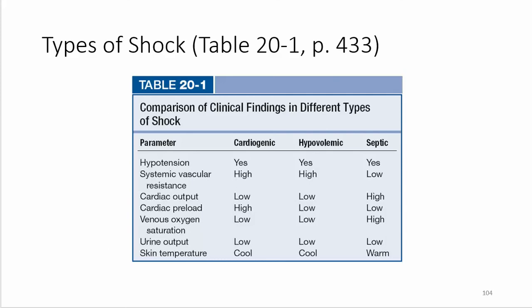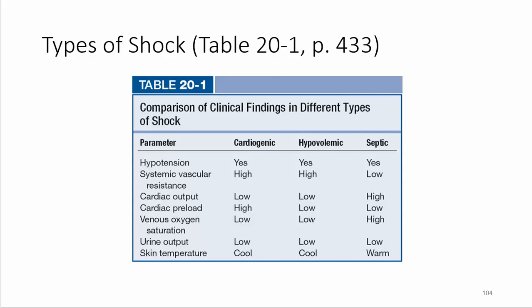And because it's low resistance, septic has high cardiac output and preload, etc. So if you just follow along, it makes sense. And when you use a table like this, it's a good idea to really think about why. Ask the question why in each one of those things.